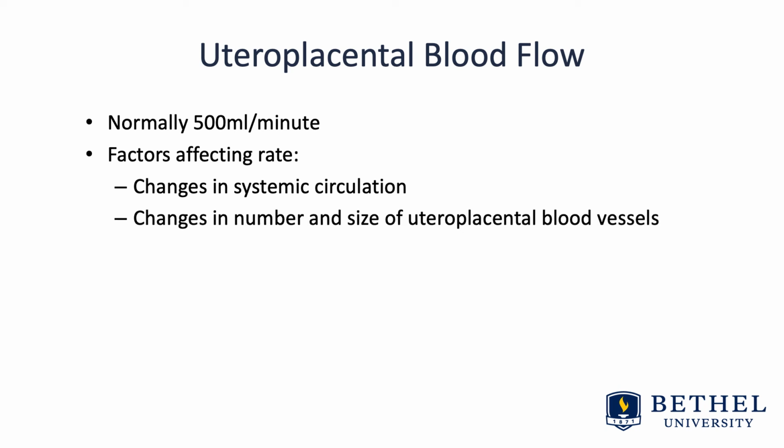Changes in the number and size of uteroplacental blood vessels or compression of those blood vessels. For example, if a woman is having tetanic contractions in labor where they're one on top of the other, that's going to keep those uteroplacental blood vessels compressed in a way that could compromise how much blood flow is able to go to the placenta and in turn the fetus.